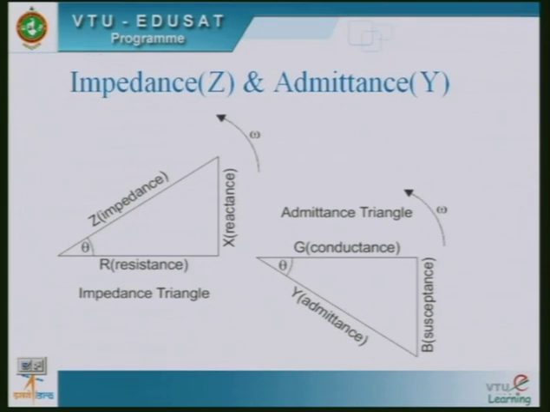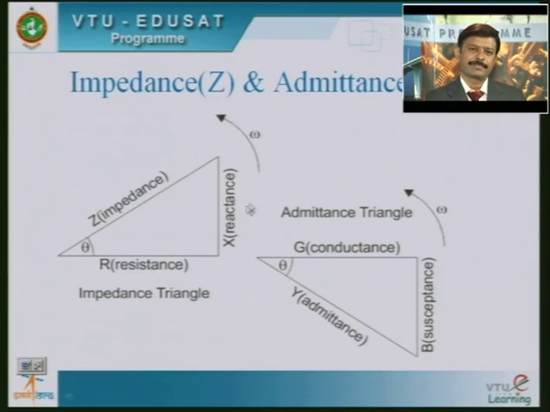Look at the diagram, the phasor diagram. Impedance and admittance are represented like this with triangles. First one is the impedance triangle, you can observe resistance and reactance are perpendicular to each other. Its resultant will be Z. Z is equal to square root of R square plus X square.